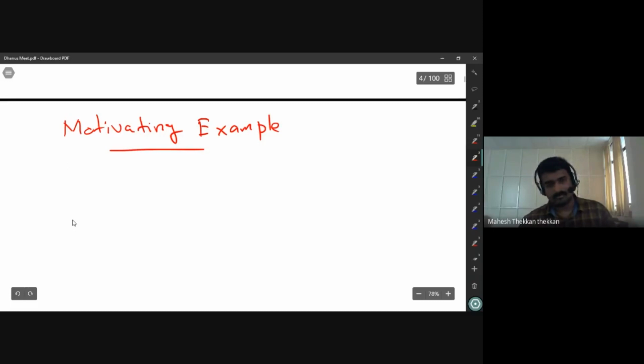We all know these things. You just consider a triangle, and this is the base, and this one is the height. So we all know the area of the triangle. Area is half BH.